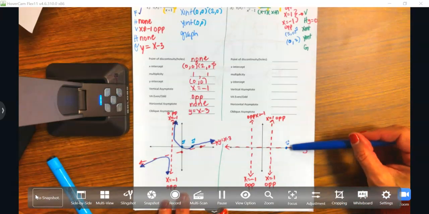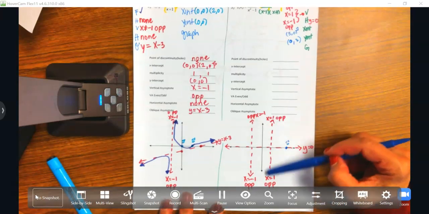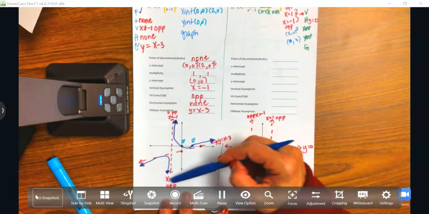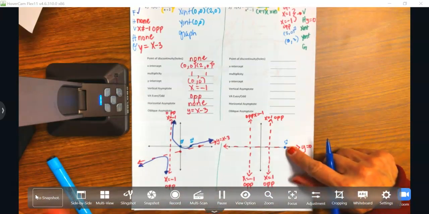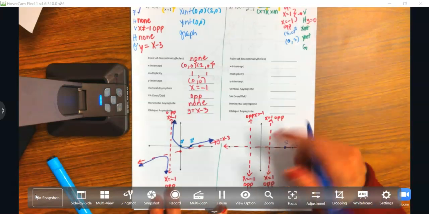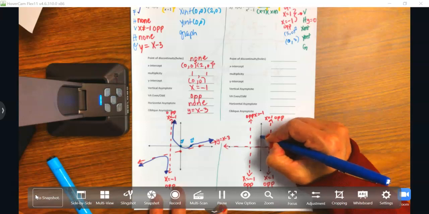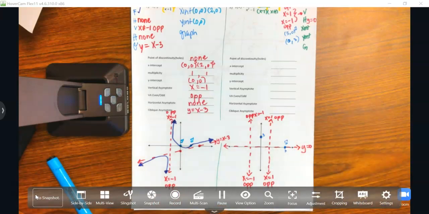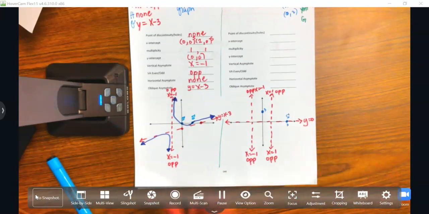So it's okay, it still makes me a little upset. There's my x-intercept. I had a y-intercept at, I'm sorry, (0, 3). That's really all we need to make this sketch.